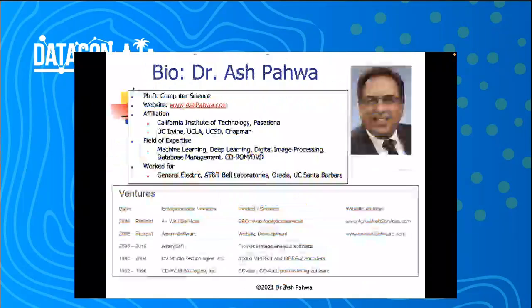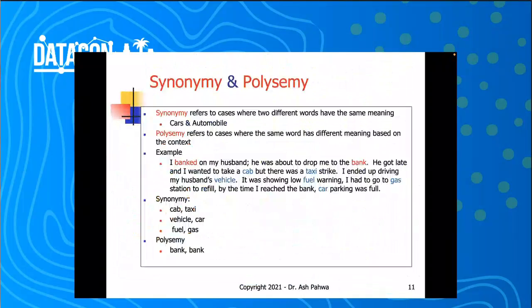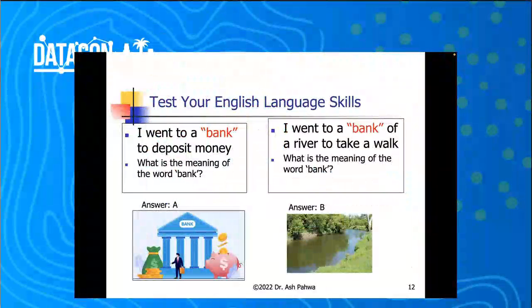All right, so now let me start with this. This is the crux of what I'm going to talk about. Let's test your English language skills first of all. I hope everybody knows English. Suppose I ask you this question: I went to a bank to deposit money.